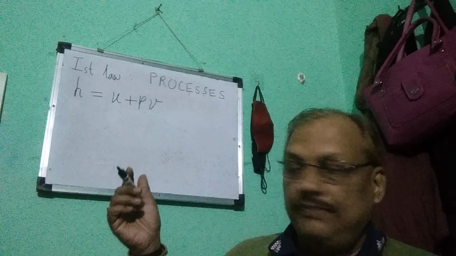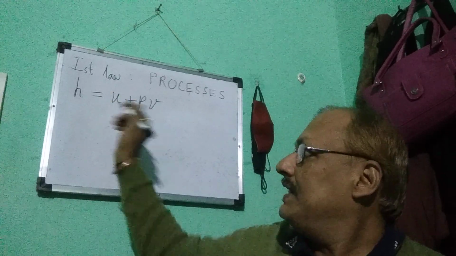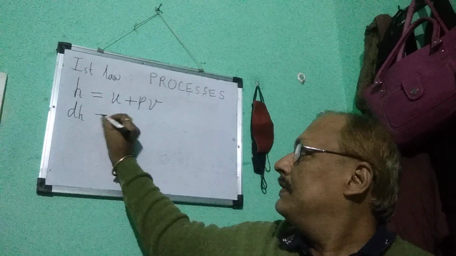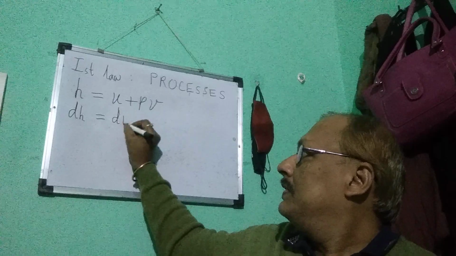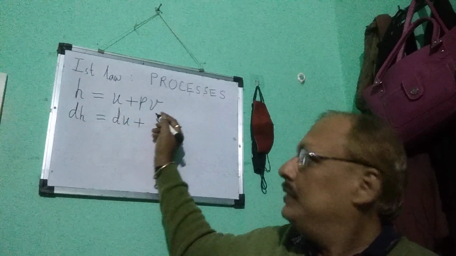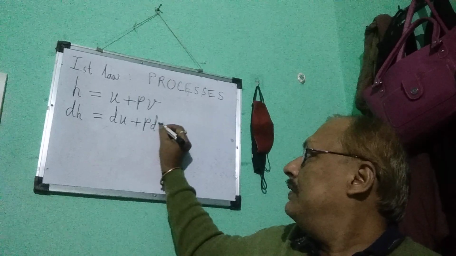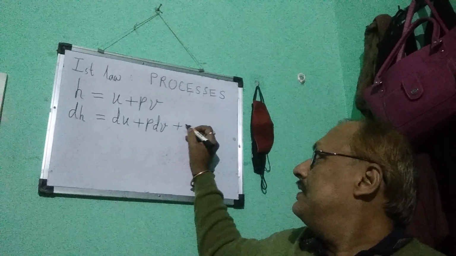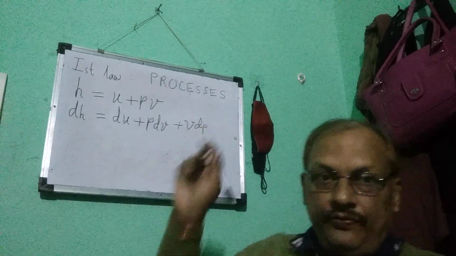Let's differentiate both sides. dh = du + pdv + vdp.